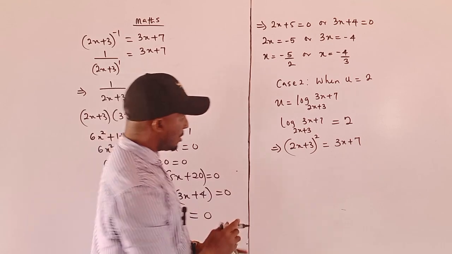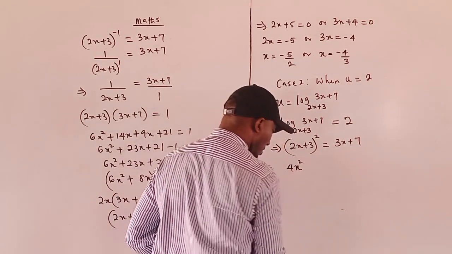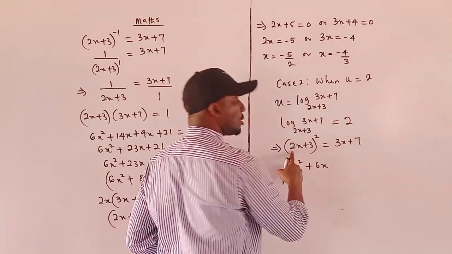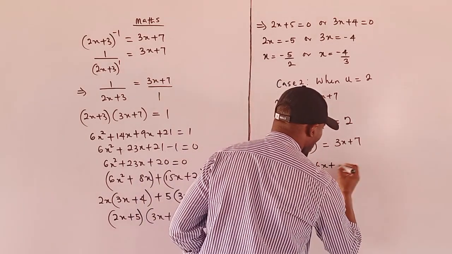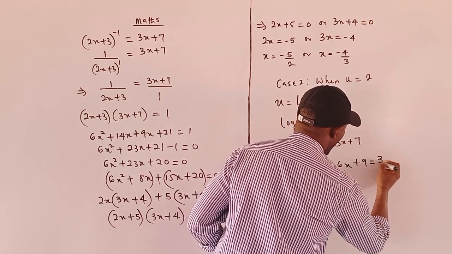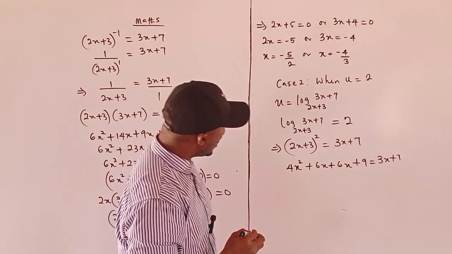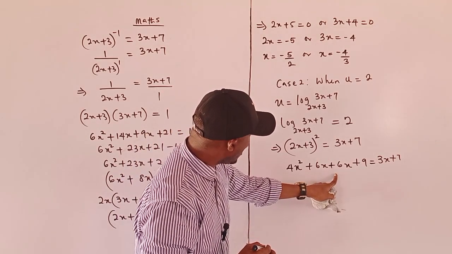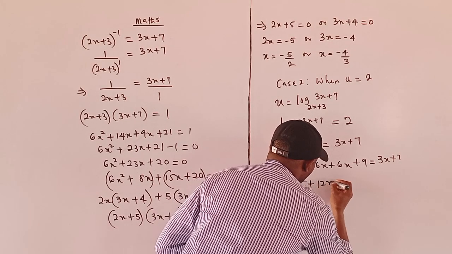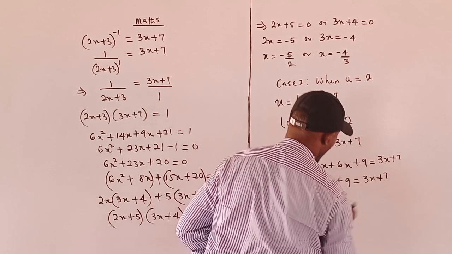So we square this. 2x squared, that's 4x squared. 2x multiplied 3, that's 6x. 3 multiplied 2x, that will be 6x. 3 squared, that will be 9. Everything equals 3x + 7, which is the argument of the second term. Okay, 4x squared + 12x + 9 equal to 3x + 7.